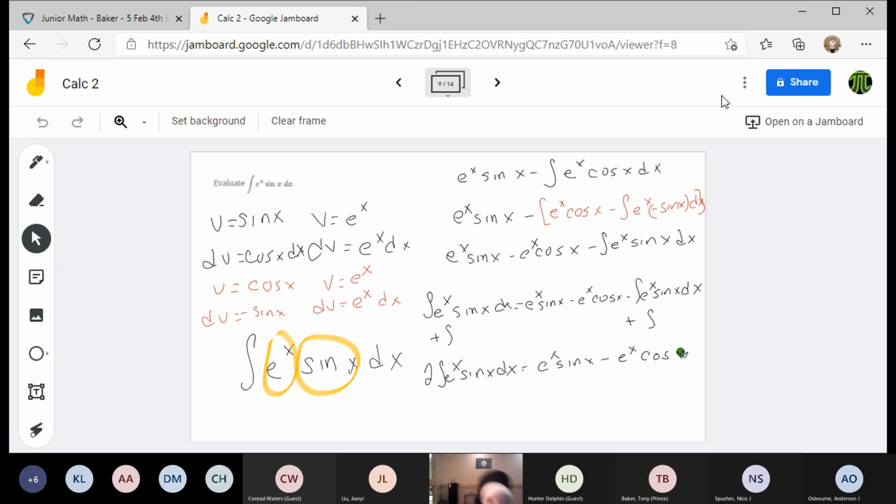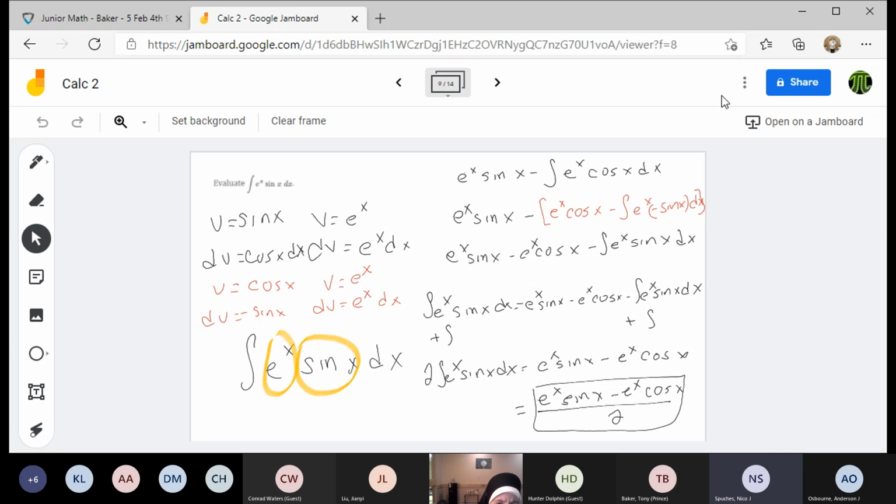And if I just divide both sides by 2, we get my answer as e to the x sine x minus e to the x cosine x over 2. And that's my answer. So, plus C. I forgot the plus C at the end.